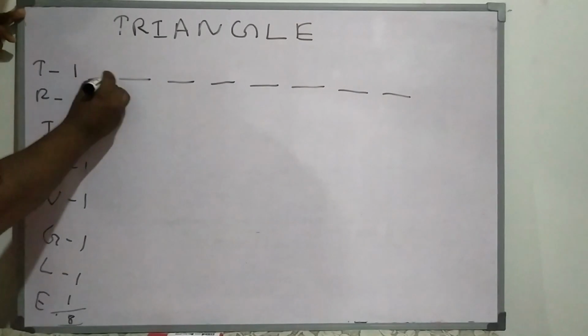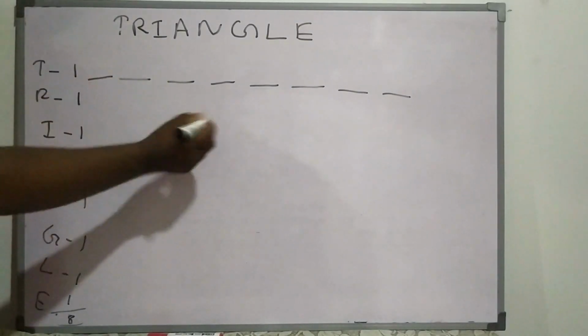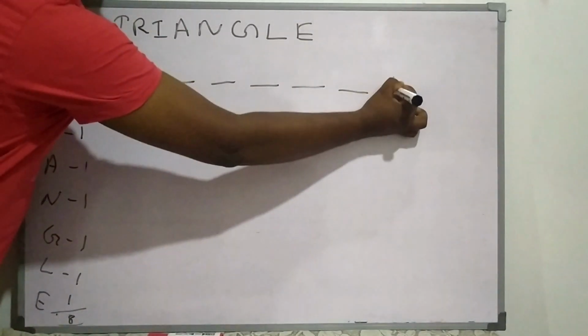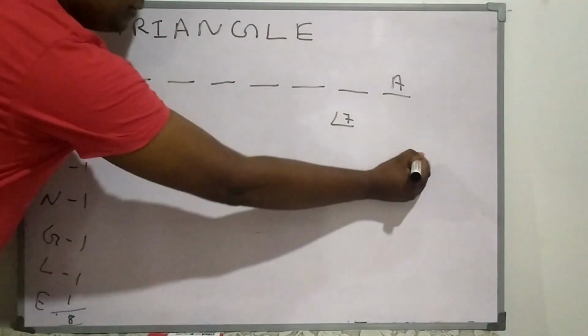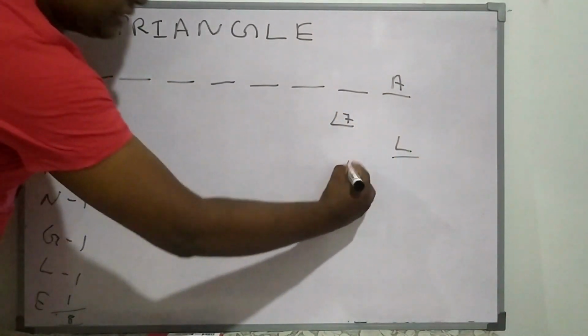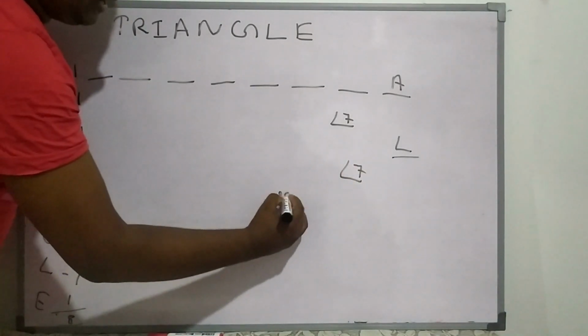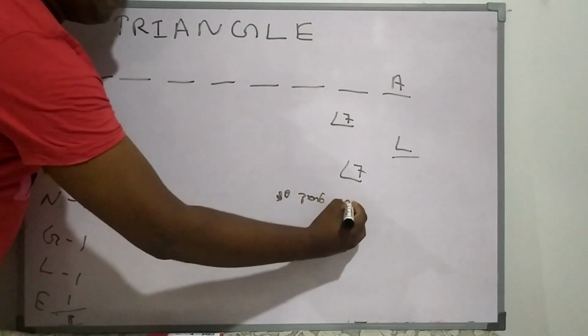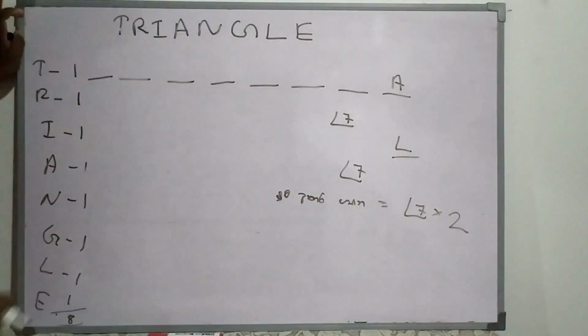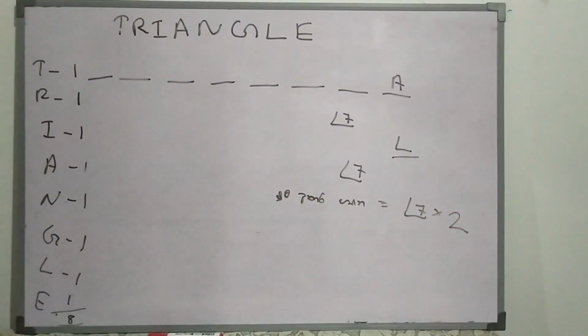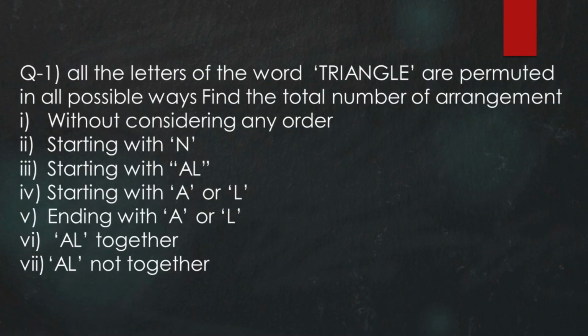Once I put A at the end, the 7 letters can be changed, so it's 7 factorial, and we can also put L at the end, which is factorial 7. So the total arrangement is factorial 7 into 2 for ending with AOL.